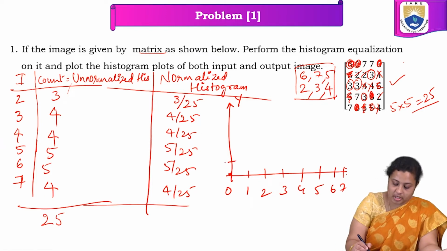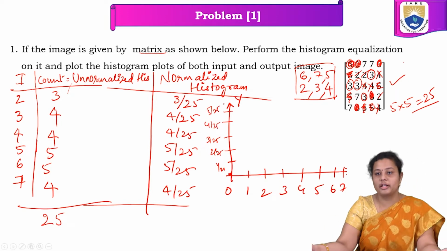Let me mark 1 by 25, 2 by 25, 3 by 25, 4 by 25, 5 by 25 as the probability values.